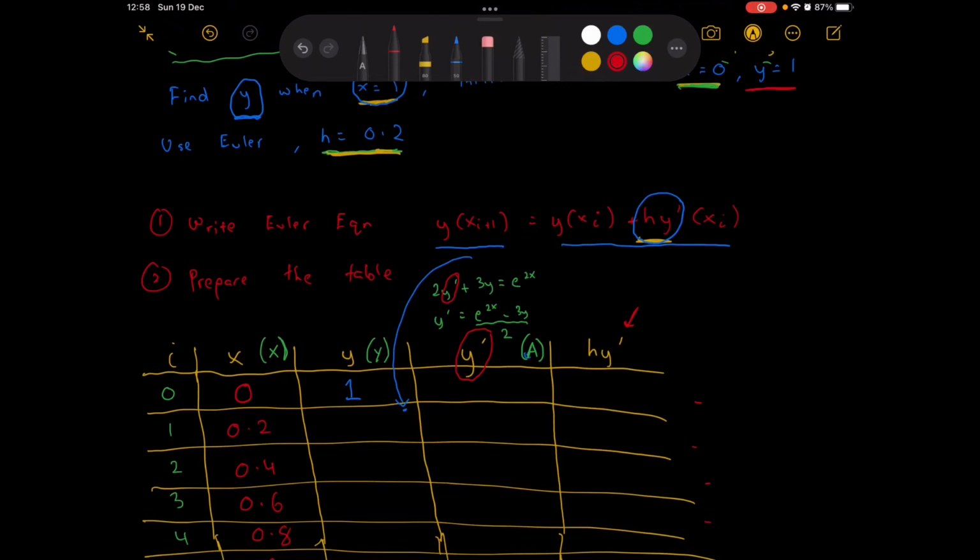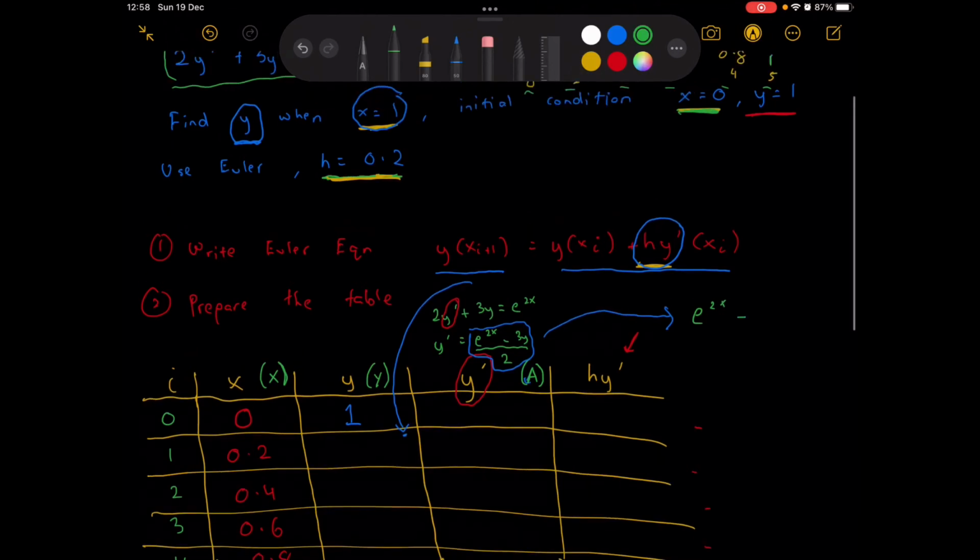Alright, first we determine y prime. So y prime is equal to e to the power of 2x minus 3y, over 2. You can input this equation in your calculator. You can write it as e to the power of 2x minus 3y, over 2, so make sure you put brackets first in your calculator.